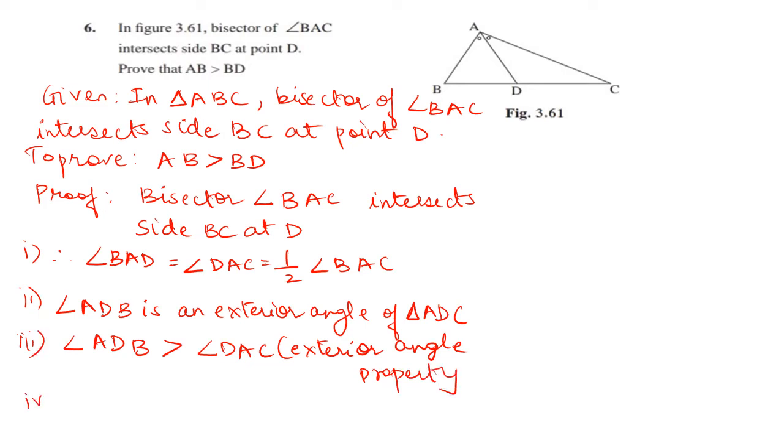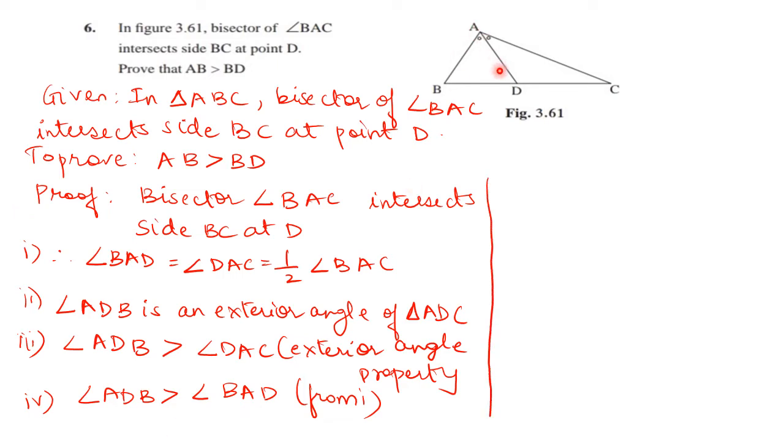Then, so therefore I can say that angle ADB is greater than angle BAD, that is from 1, isn't it? Because we have proved that angle BAD is equal to angle DAC. So instead of angle DAC, I can write angle BAD. Correct?